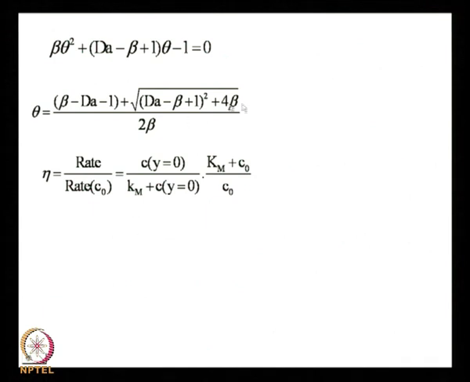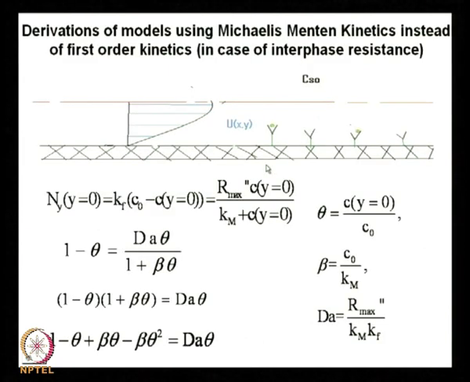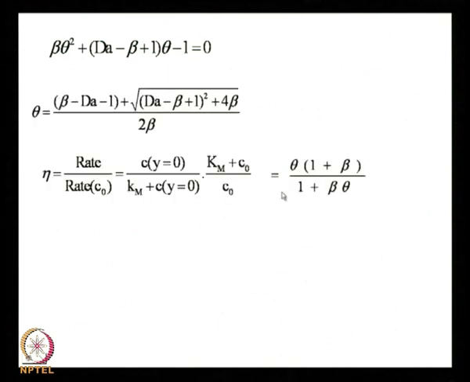So, no problem. Now we can express this in terms of beta, remember, because beta was defined as C naught by Km. So, this is what we do: you can divide the whole thing by C naught by Km.